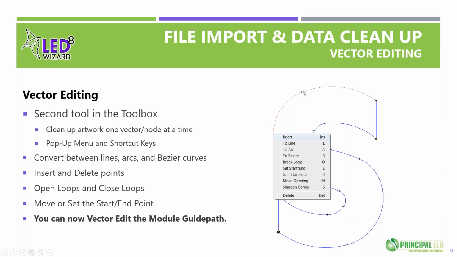A plus sign is a tangent vector. A black box is a non-tangent vector. If you double click, you get this little menu, and you can see the various options here in this menu. I don't think you have to do this frequently, but it's certainly good to know how our vector edit tools work. I think they're pretty standard and straightforward.